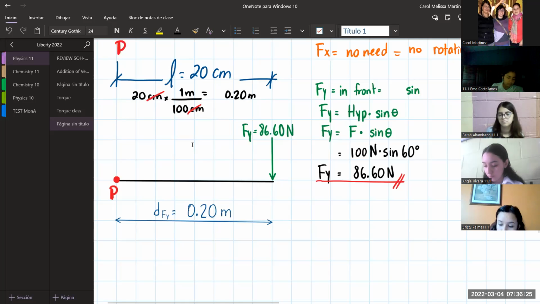Now, what do we do after? After we got everything in the free body diagram, we say, okay, now we can get a torque. Torque is equal to force times the lever arm.